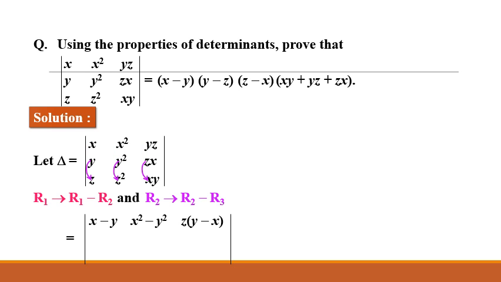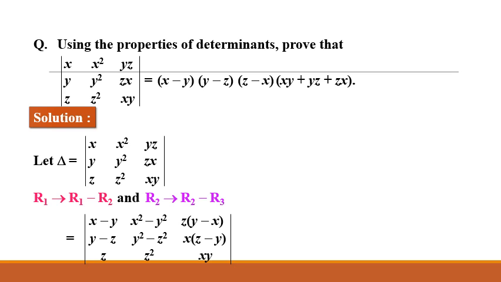Next, apply the property on R2: R2 is equal to R2 minus R3. We get y minus z, y square minus z square, and xy minus zx. When we take out x common, the remaining factor will be z minus y. Keep the elements of R3 as it is.